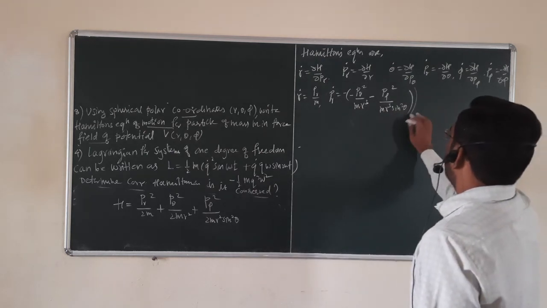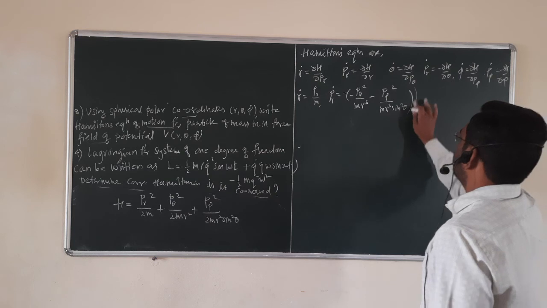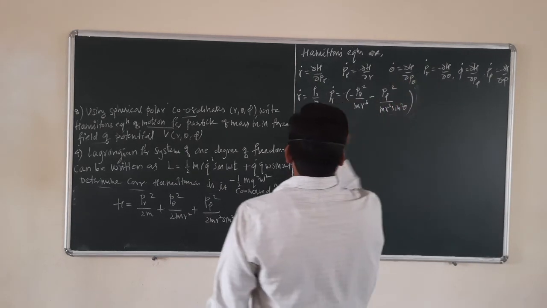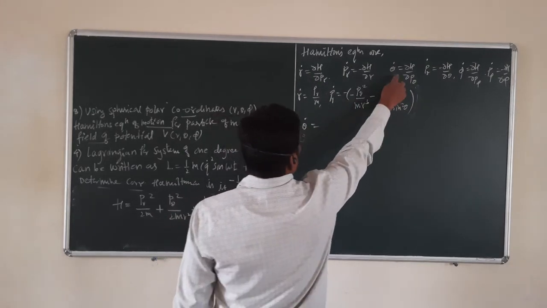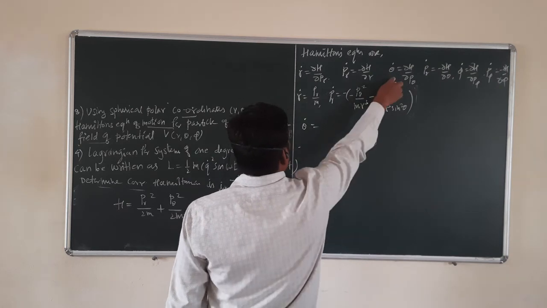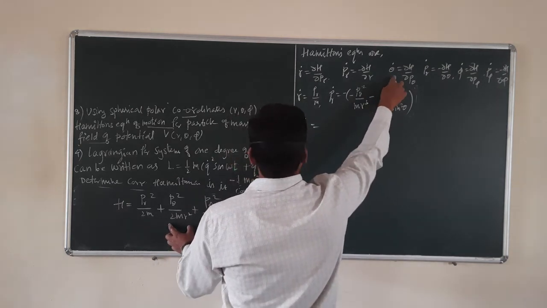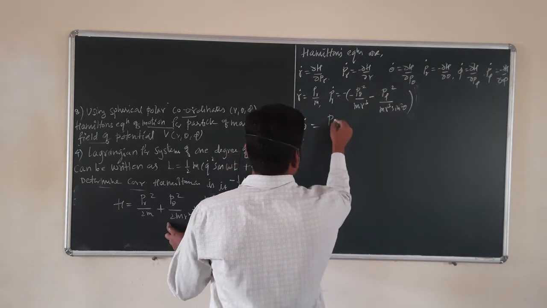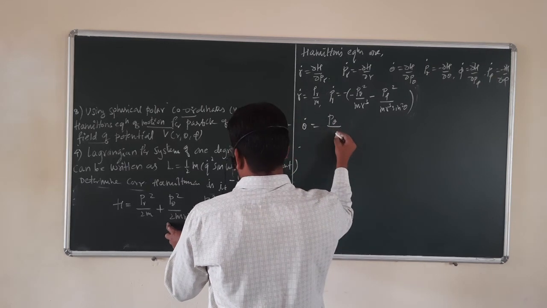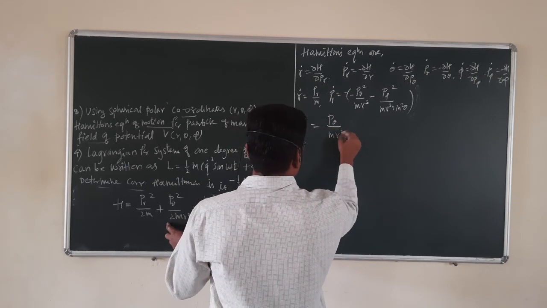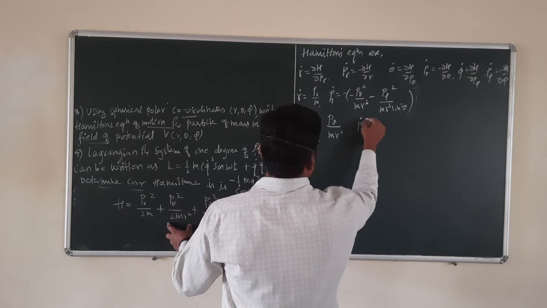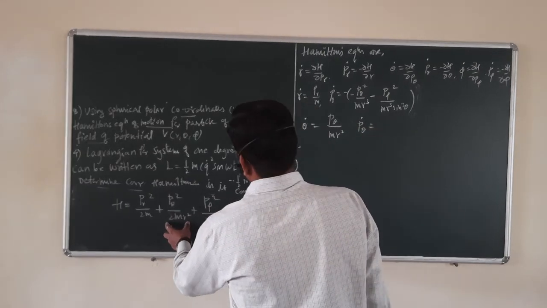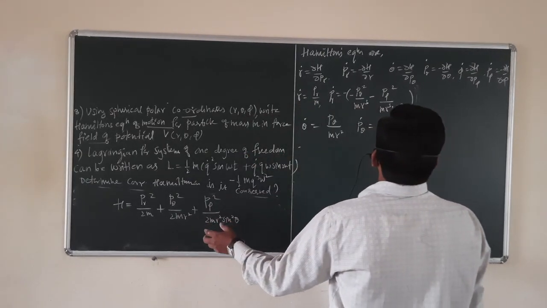Now for the theta part, theta dot is the partial derivative of the Hamiltonian with respect to p_theta. So that is p_theta divided by m r squared.